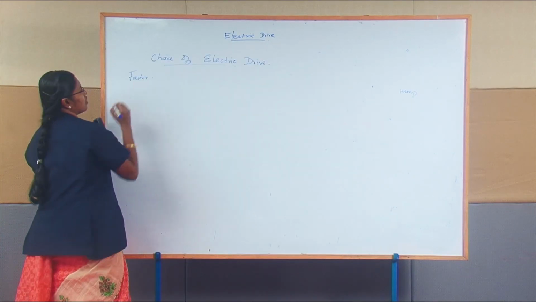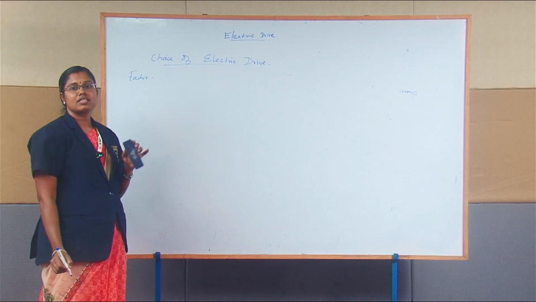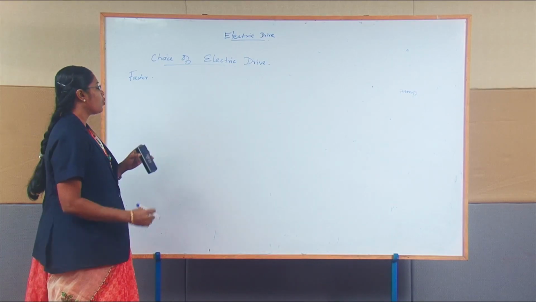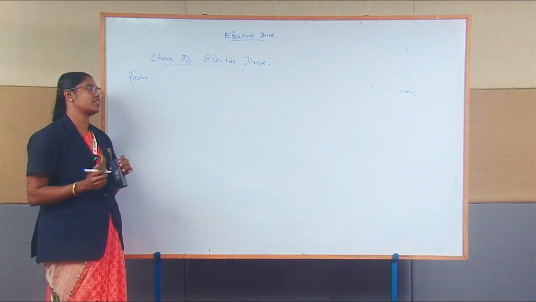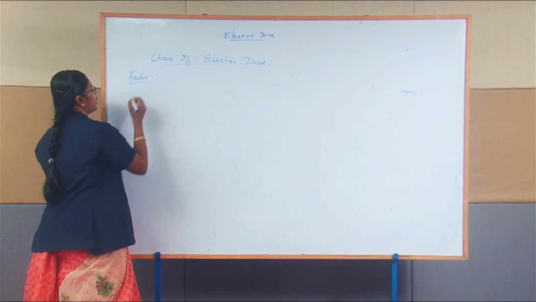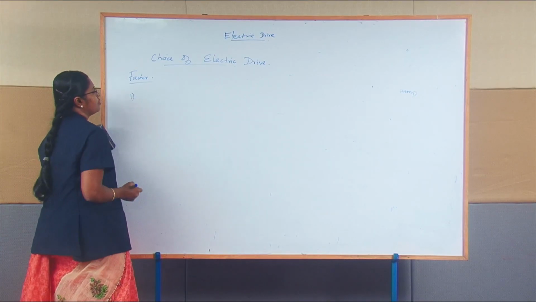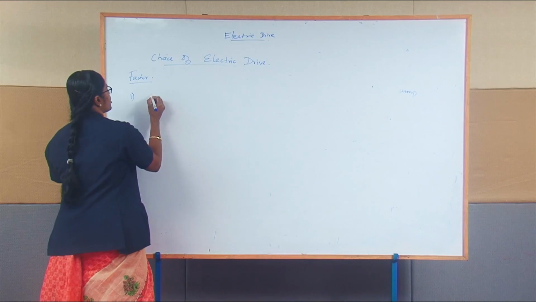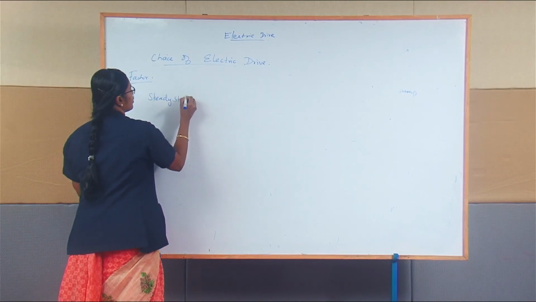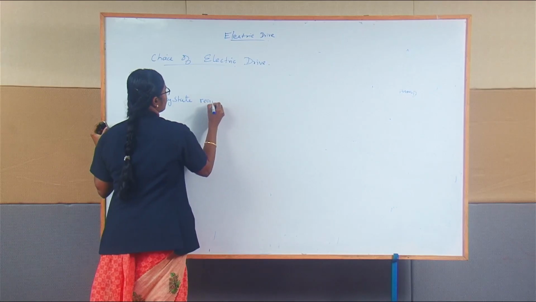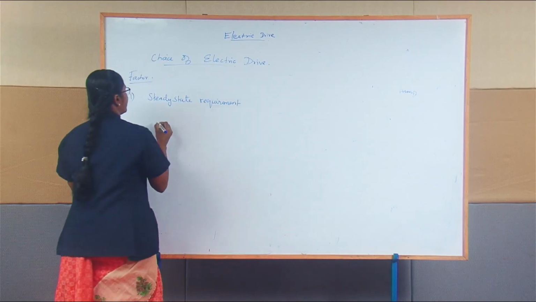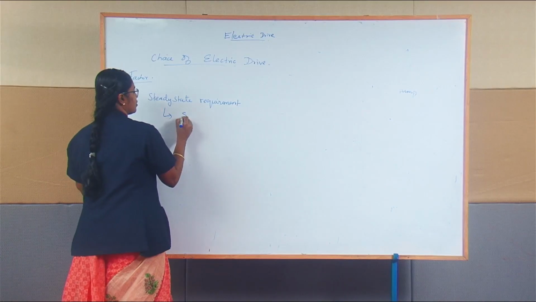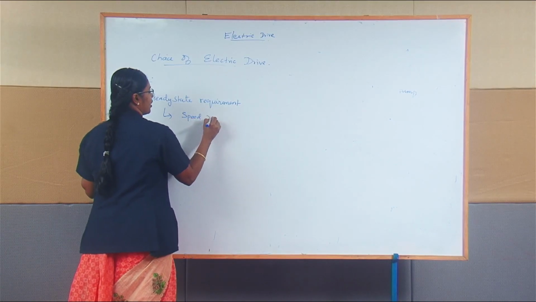Next, to consider while selecting a particular drive, what are all the basic requirements we need to get before getting into the design part. Okay, so factors. First one is steady state. We need to collect the steady state requirement. Steady state requirement means speed range.